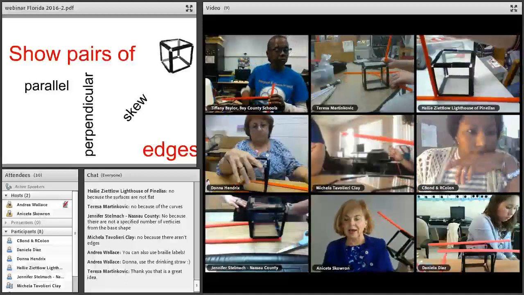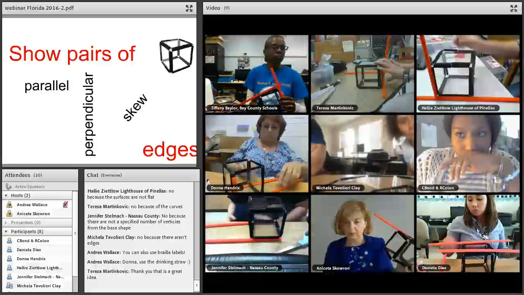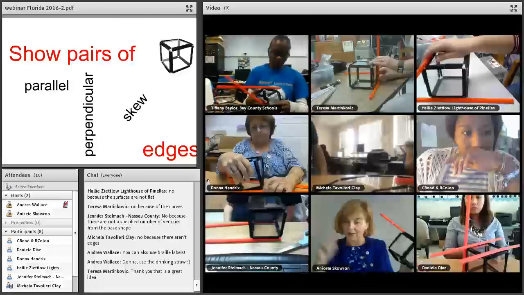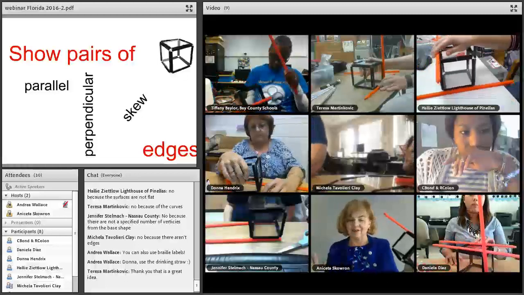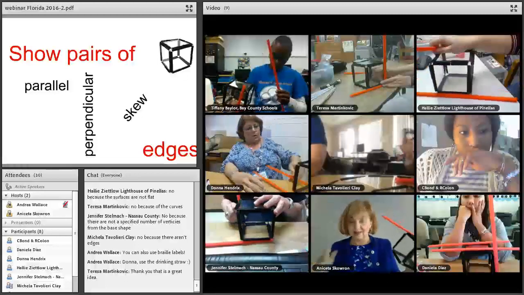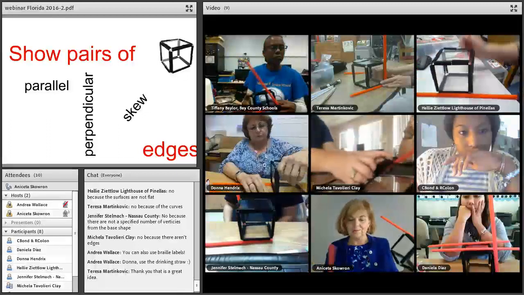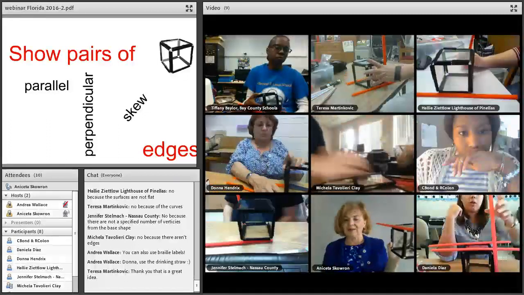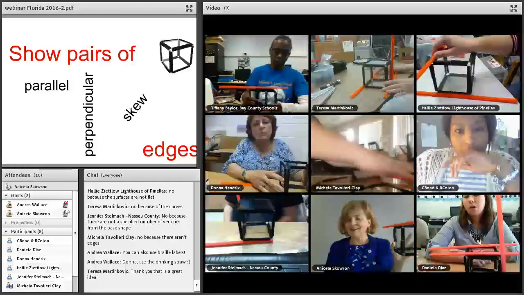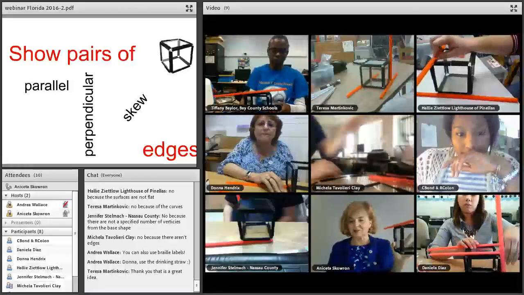What are skew lines? Skew lines are the ones that are not parallel, but they never touch, they never cross. So if you have one like this, you have to find one that goes in a different plane, that will never cross, but it's not parallel.